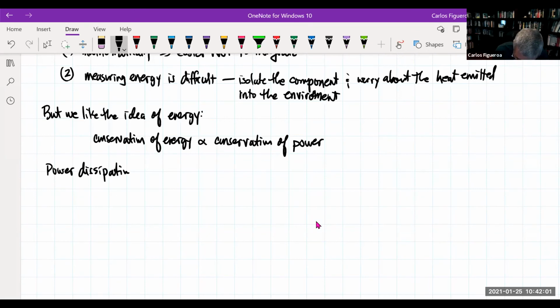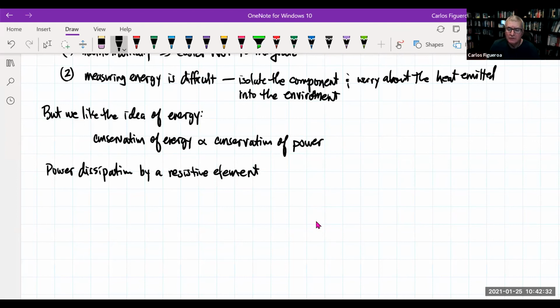So you could see me say energy dissipation, but no, that's not what I said. I said power dissipation by a resistive element can be either good or bad. Let me give you an example.